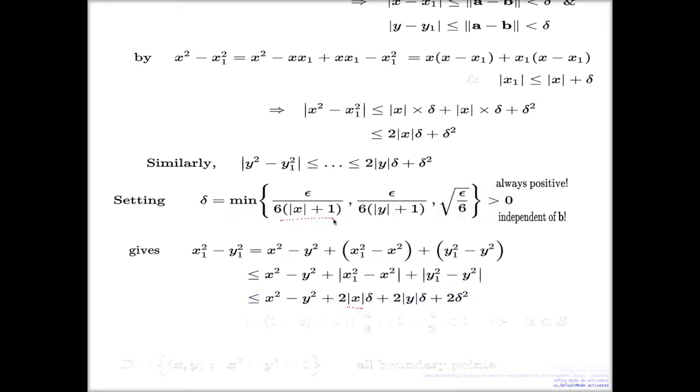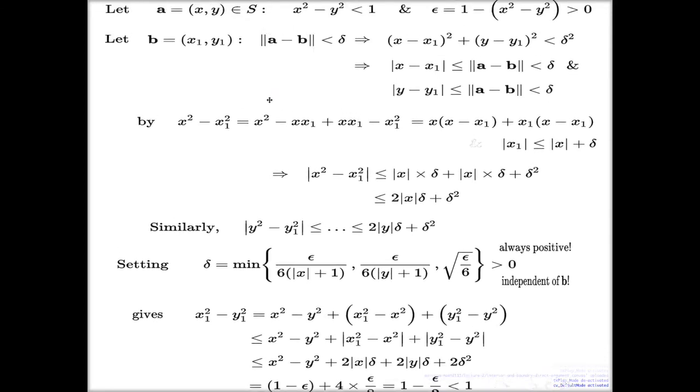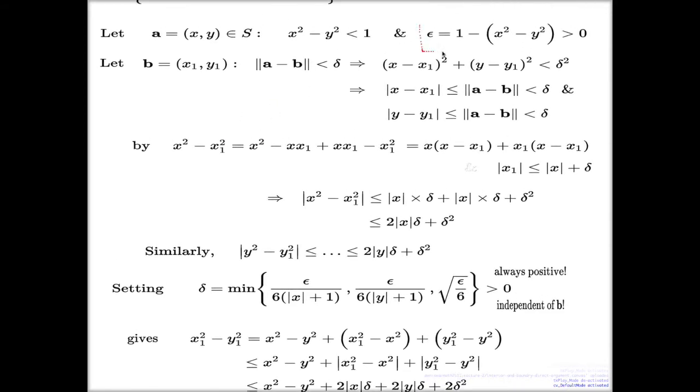I mean, it will be less than 1 number. 6 and this 2, it will give me this. Look at this. First one I keep. This one is replaced by, I don't know if you remember what the epsilon was. It was at the top of my slide. Here it is. Epsilon was here. Remember, that's how I set my epsilon. If you solve here for this bracket, this bracket will be 1 take epsilon. And now I use that.